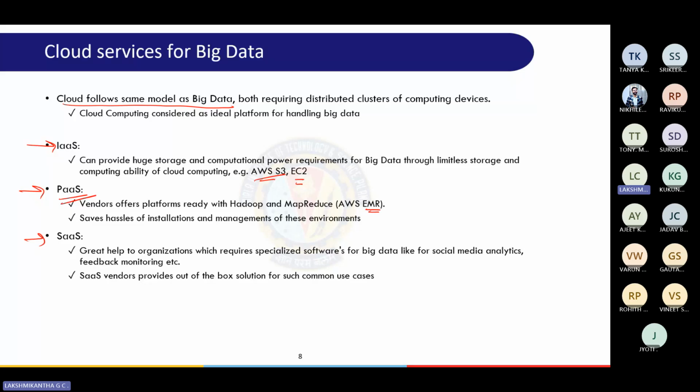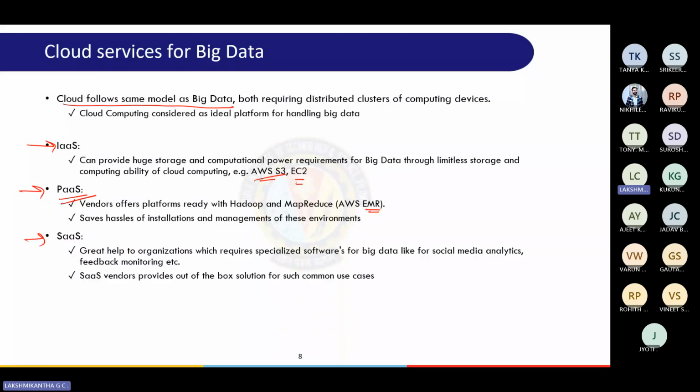You simply say, I need a 20 node Hadoop cluster. That's it. The cloud builds it, installs all the software, and manages the operating system. It saves the hassle of installing and managing these complex environments. That comes under platform as a service.